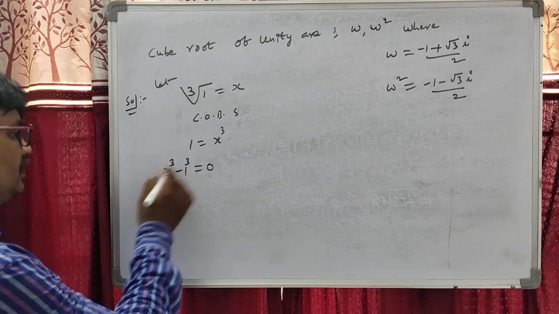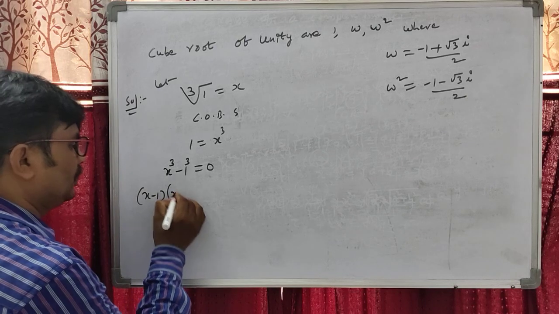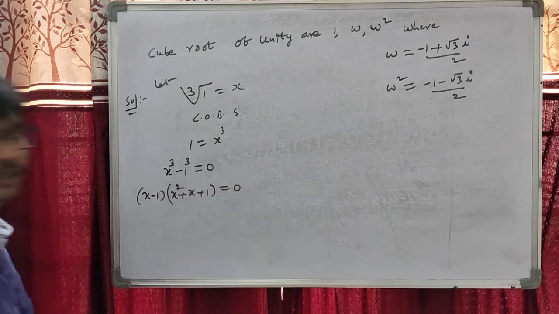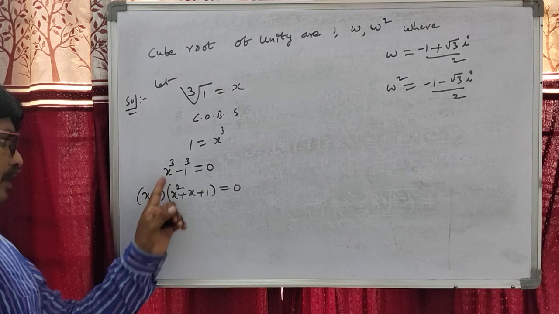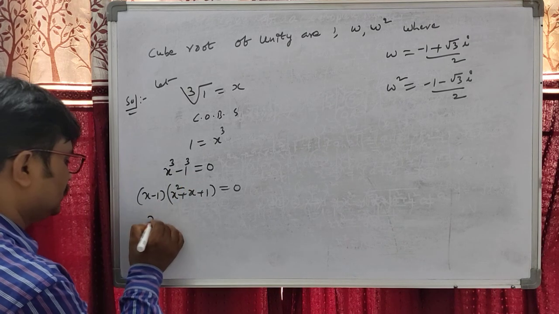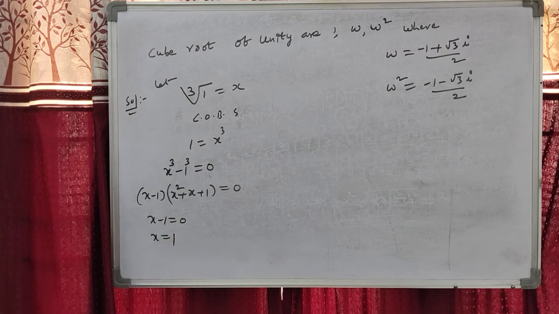So a cube minus b cube is a minus b into a squared plus ab plus b squared. This is x minus 1 equal to 0, so x equals 1.